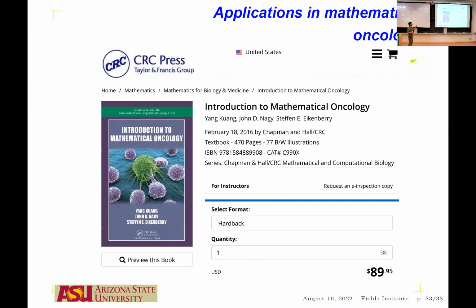But I also want to shamelessly mention, as I've been doing this for a few years, that we have one chapter on the stoichiometry world that is really titled for mathematicians. And we, of course, put that into use for modeling cancer.